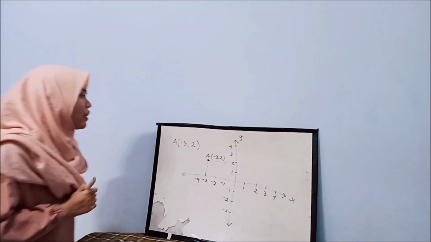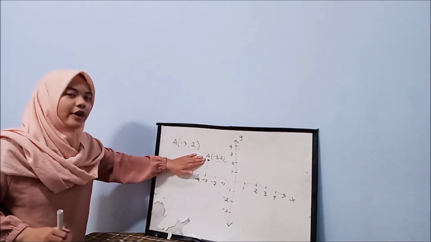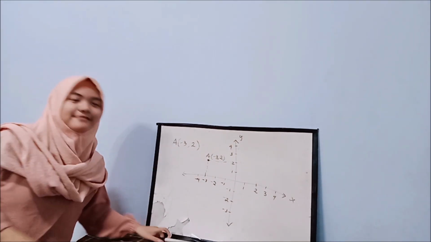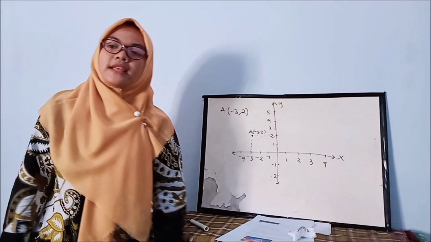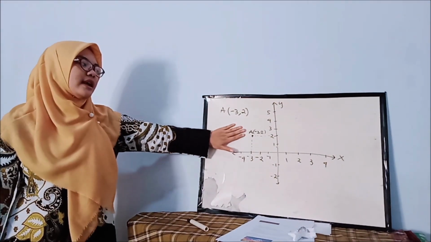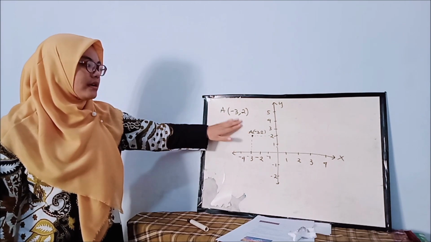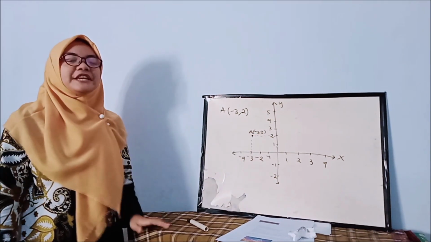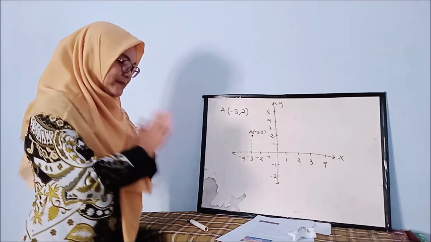So the answer, the place of point A is here. Thank you. Thank you, Maria. Nice answer. So this one is A with coordinate -3, 2. Give applause to Maria.